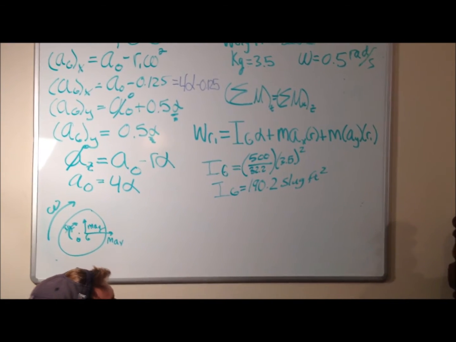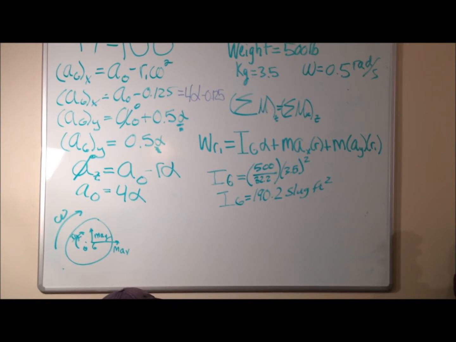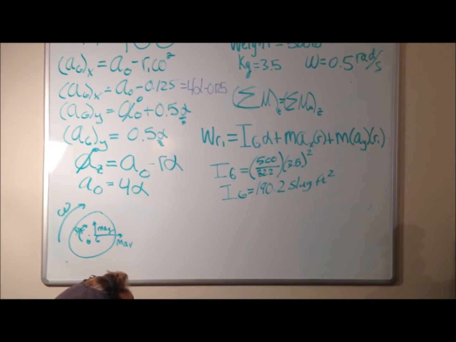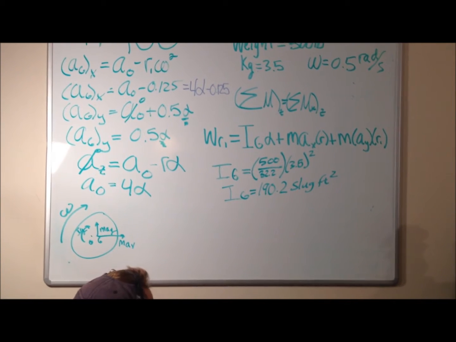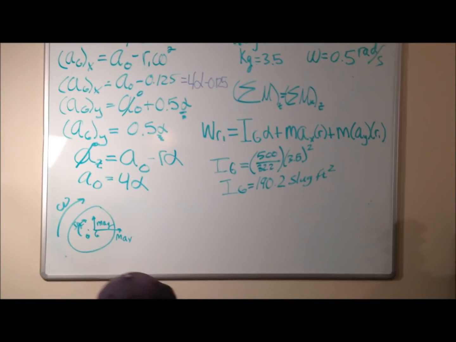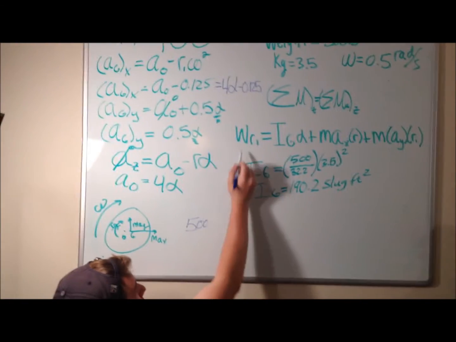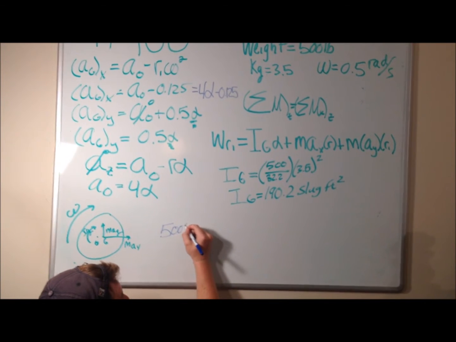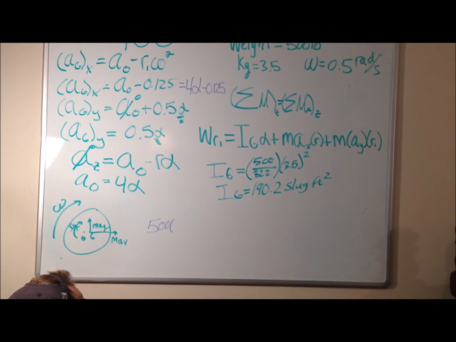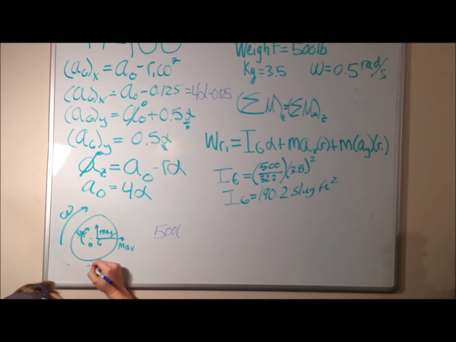Okay, so now all that really is left is to plug into our equation of motion. So what we have now, and I'm going to go ahead and write this in blue, we're going to have 500, which is our weight right here, multiplied by R1, which is the distance of point G to point Z down here.